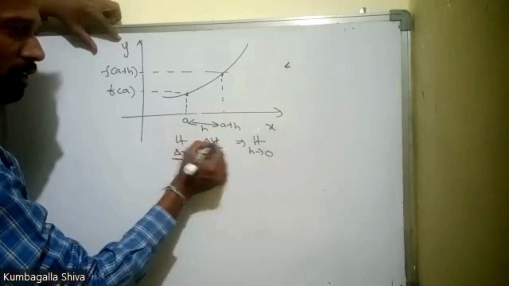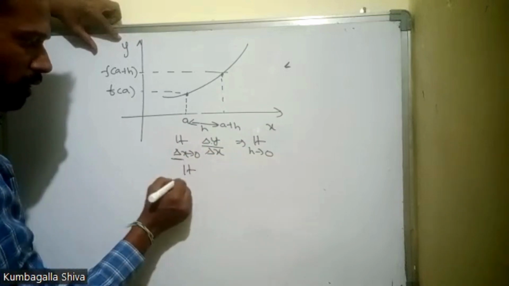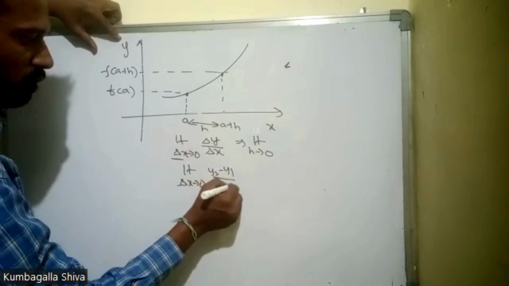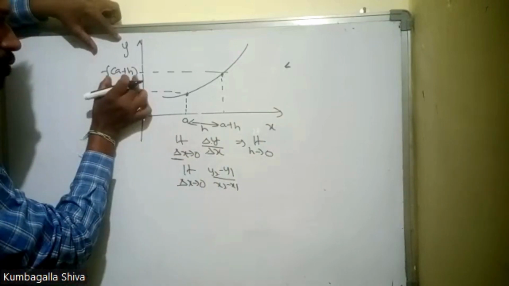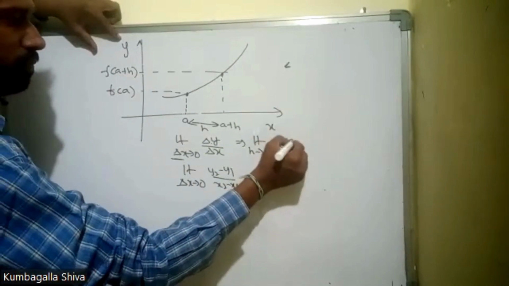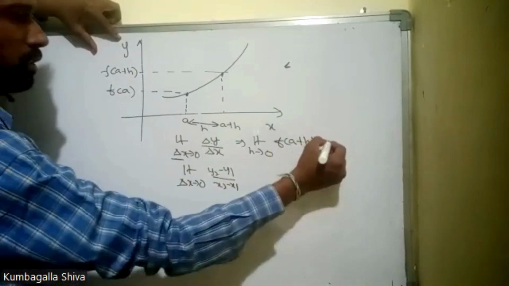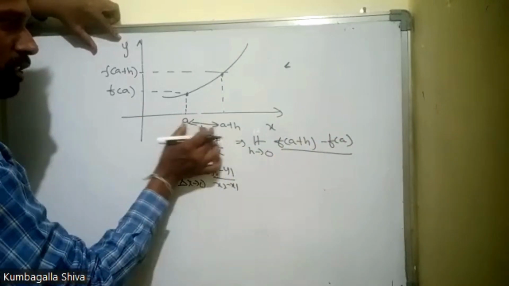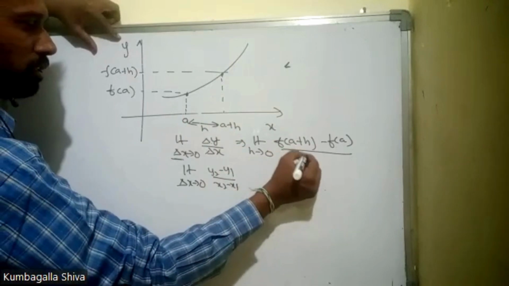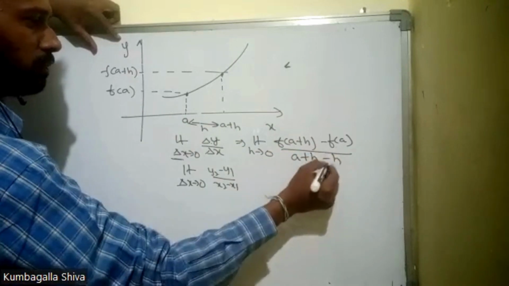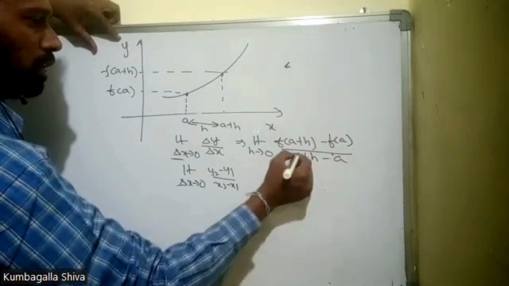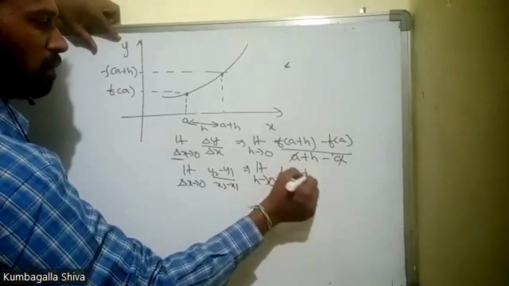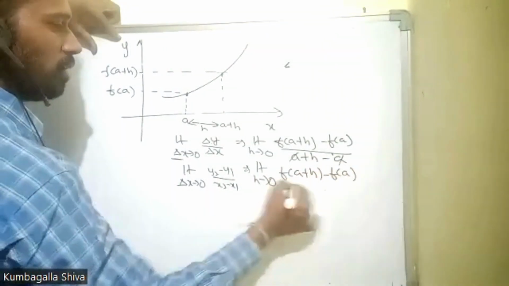In place of delta y, that is y2 minus y1, we write f of a plus h minus f of a, by x2 minus x1. The interval is a plus h minus a, which cancels to h. You get limit h tends to 0 of f of a plus h minus f of a by h.